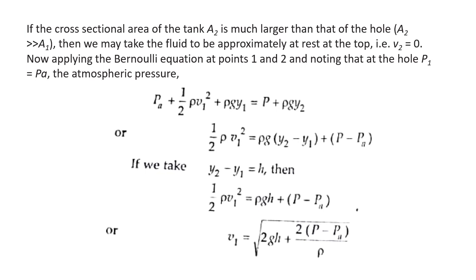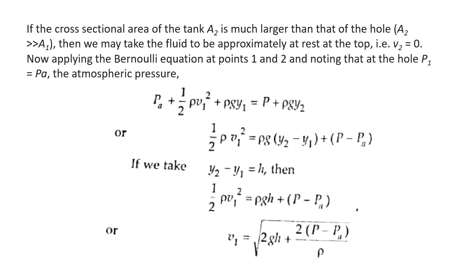Let us take y2 minus y1 as H. Means it is the height from the top of the liquid in the tank down to the hole. So half rho V1 square will be equal to rho gH plus P minus PA. And from this equation, you can calculate the velocity V1, and that will be the square root of 2gH plus twice of P minus PA divided by rho.